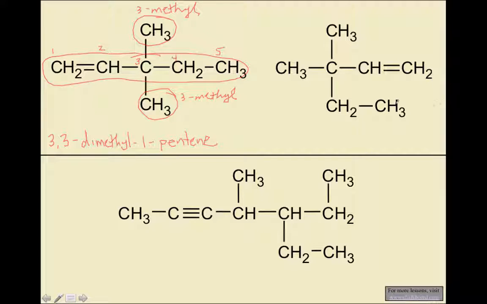Okay, looking for the longest chain here that contains the double bond. 1, 2, 3, 4. 1, 2, 3, 4. 1, 2, 3, 4, 5. This is my longest chain. And I'm going to number them. 1, 2, 3, 4, 5. On the third carbon here I have a methyl group, which makes this 3-methyl.